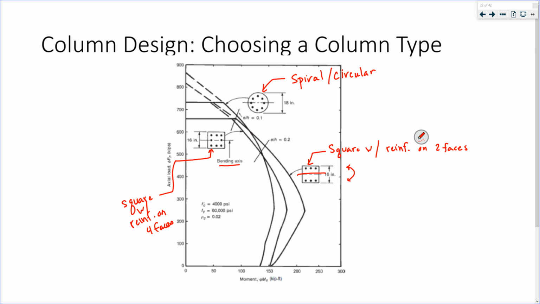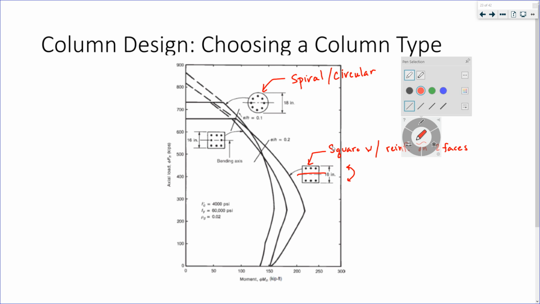This diagram would be much better in color. Here, let me see if I can. I'll change this color.